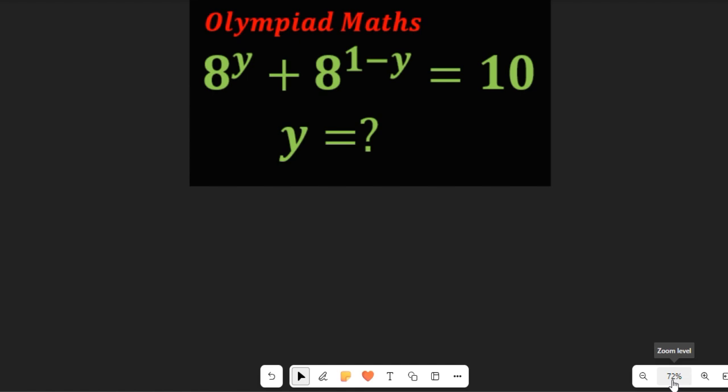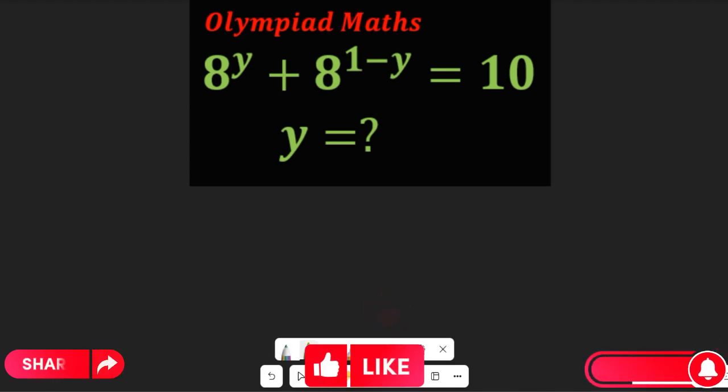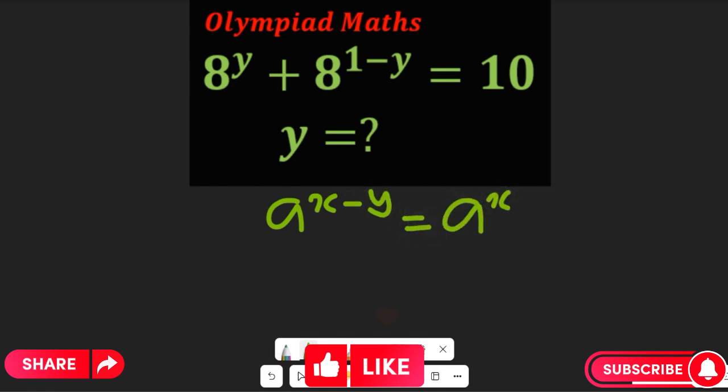To solve this question, let's reflect our mind back to one law of indices. From that law of indices, we are made to understand that a to the power of x minus y is equal to a to the power of x divided by a to the power of y, and that is the division law of indices.